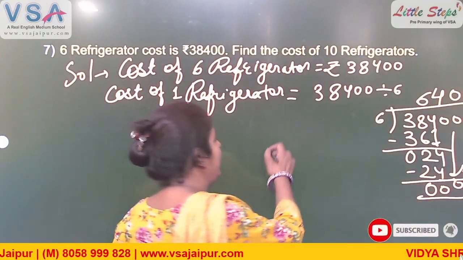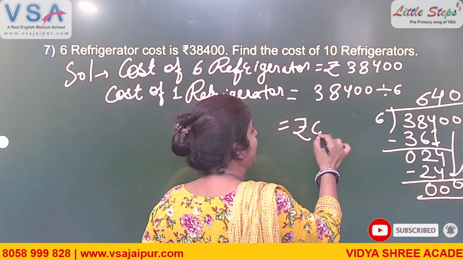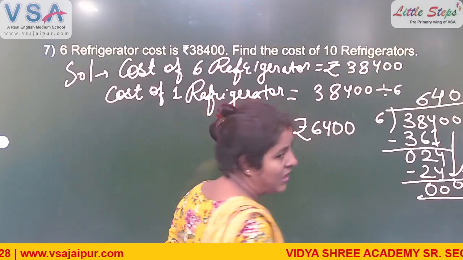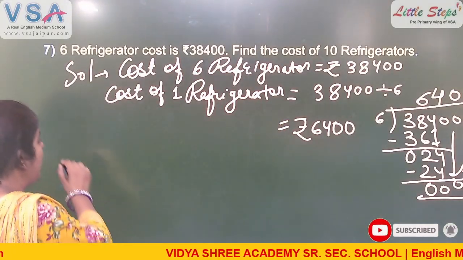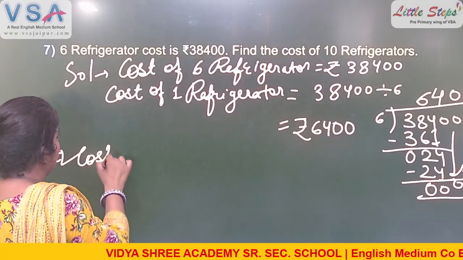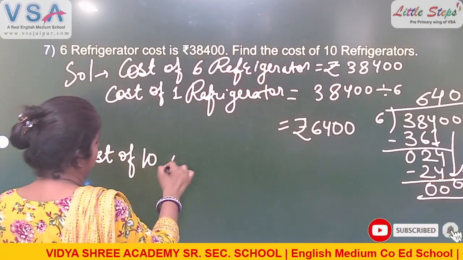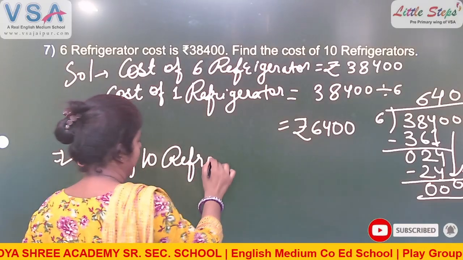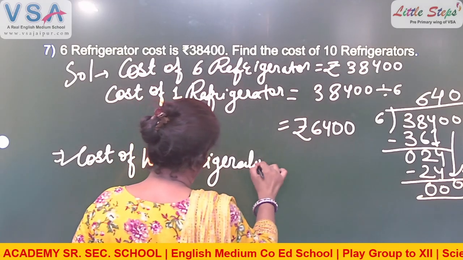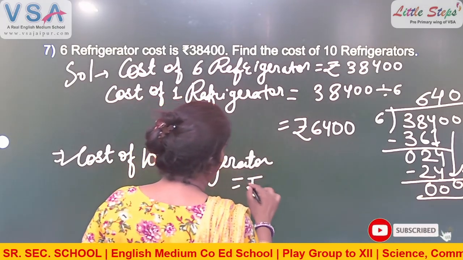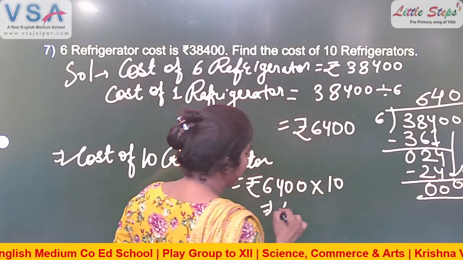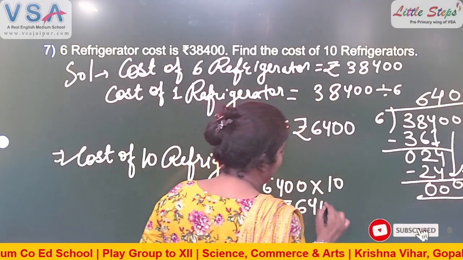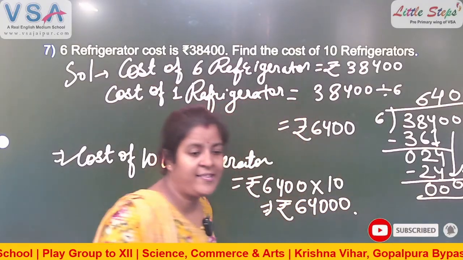Just take a seat, Darshan. 6,400 rupees is the cost of one refrigerator. Yes and no. Yes. And after that, we can find the cost of 10 refrigerators. So 6,400 multiplied by 10. So we get the answer 64,000.